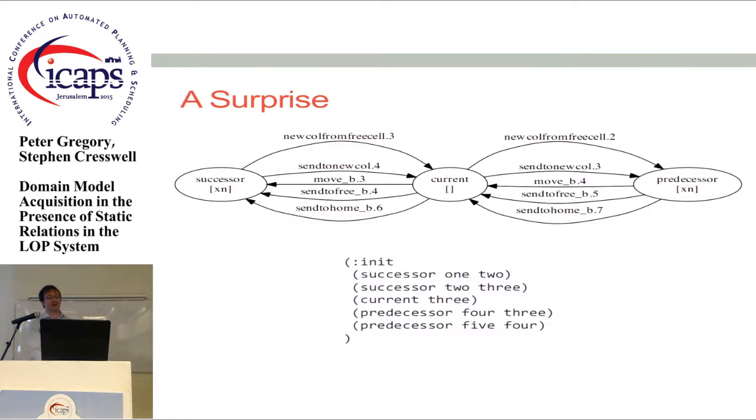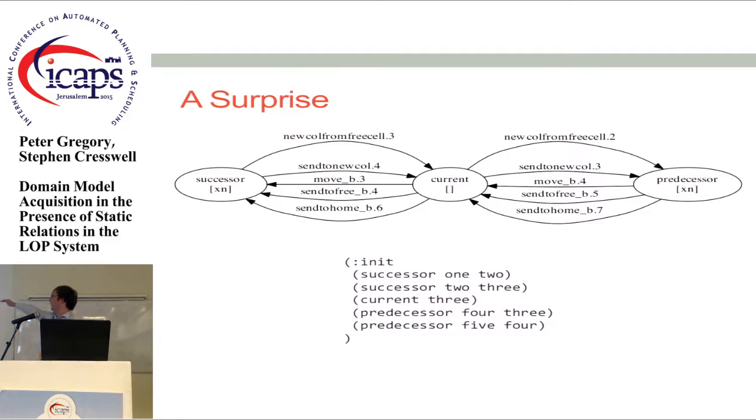Here's a surprise. So there's lots of surprises with using LOCM. Some of what we thought was the static information, LOCM originally has managed to encode as dynamic information, right? So this is a number system in FreeCell, okay? So it incorporates one number which is the current number that you're looking at, and then there's relationships between predecessors and successors, and so effectively it moves the current number up and down this list, updating.